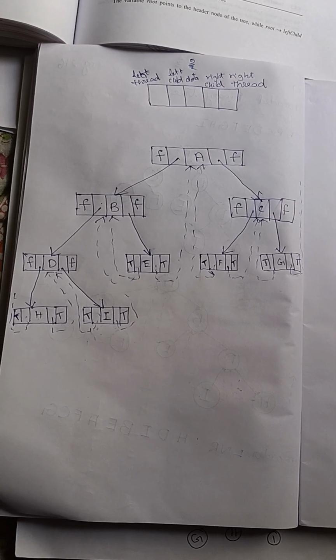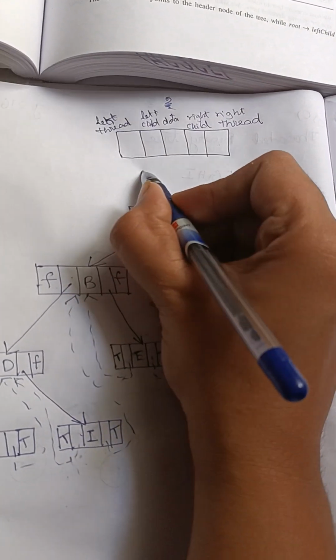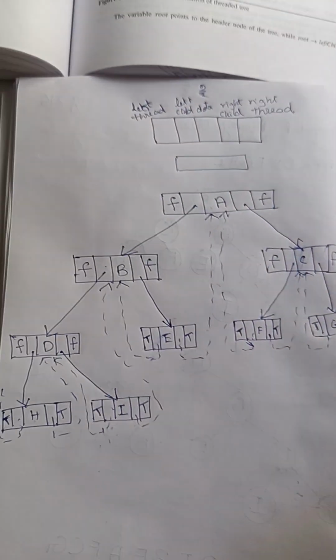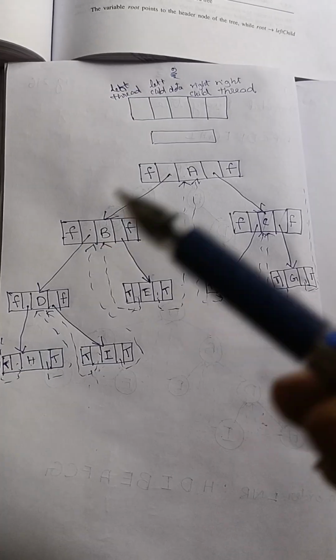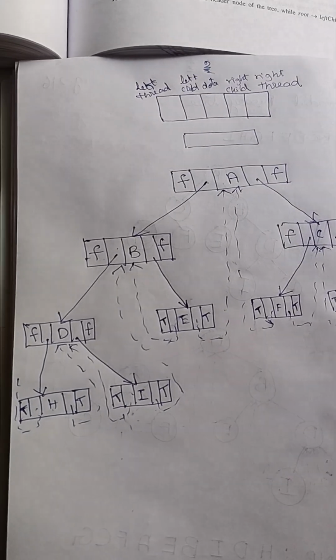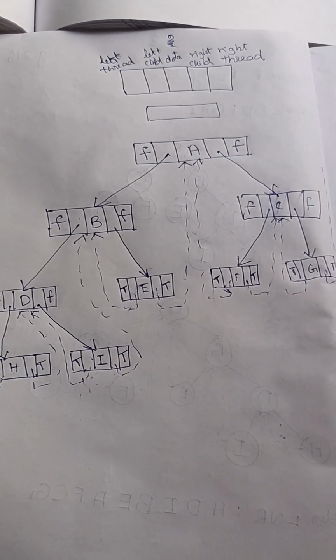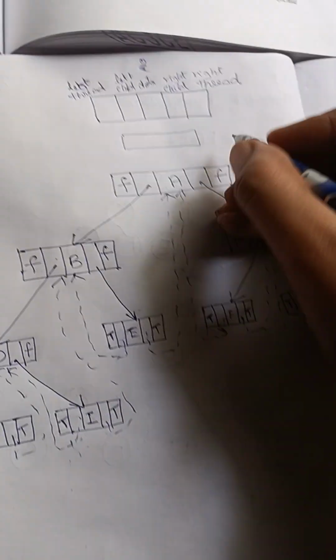We should create one more node called root, to which these null pointers are pointed. This null pointer will point to that node because it is hanging without any reference. So we will create one more head node called root.